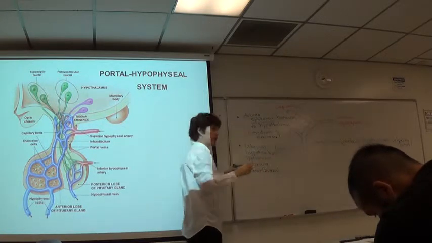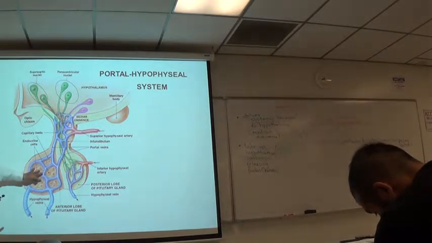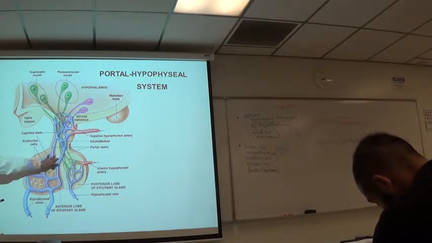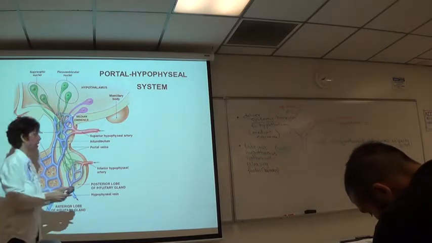Now notice where those portal veins end up. They form another capillary bed, which is in the anterior pituitary gland, not the posterior pituitary.